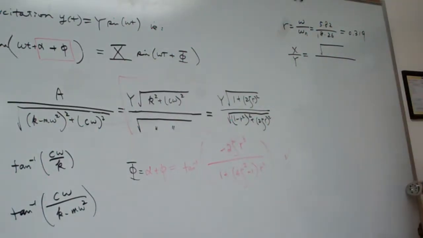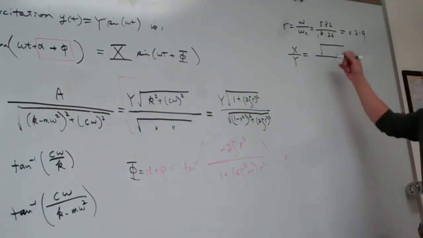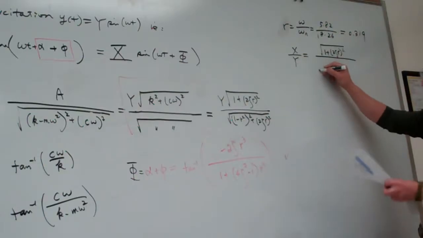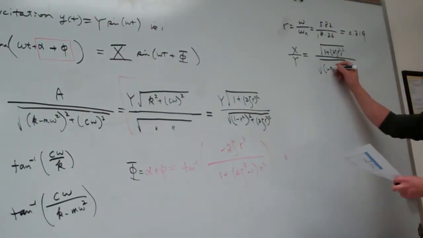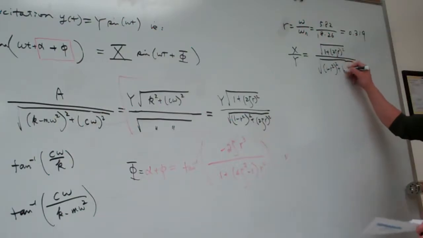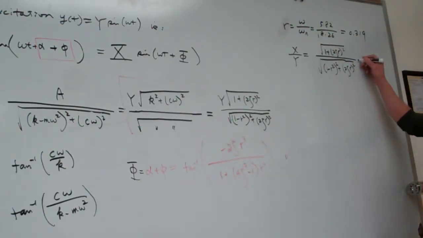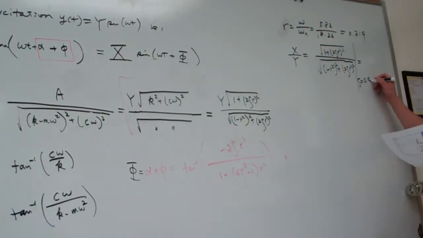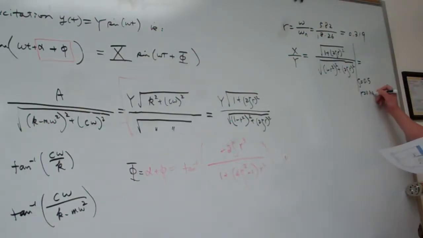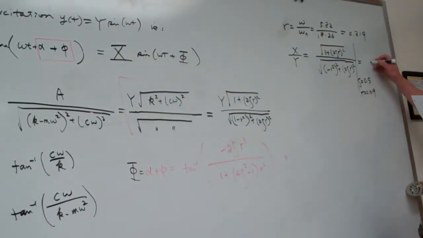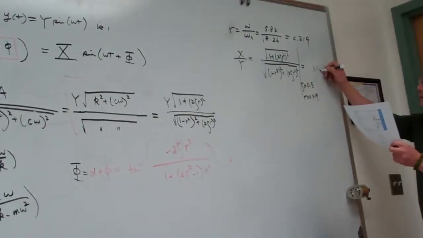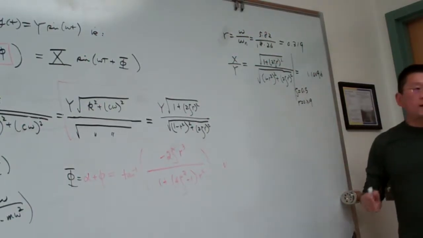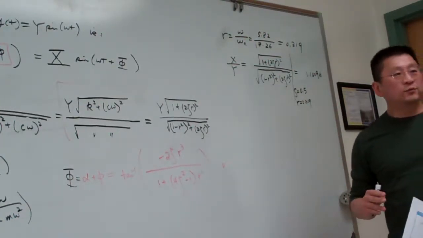Okay, so this one basically we adopt using this equation: the square root of 1 plus (2 zeta r) squared over (1 minus r squared) squared plus (2 zeta r) squared. Okay, so with zeta equal to 0.5 for this given example and r equal to 0.319, you simply plug into the calculation, and that will be 1.10096.